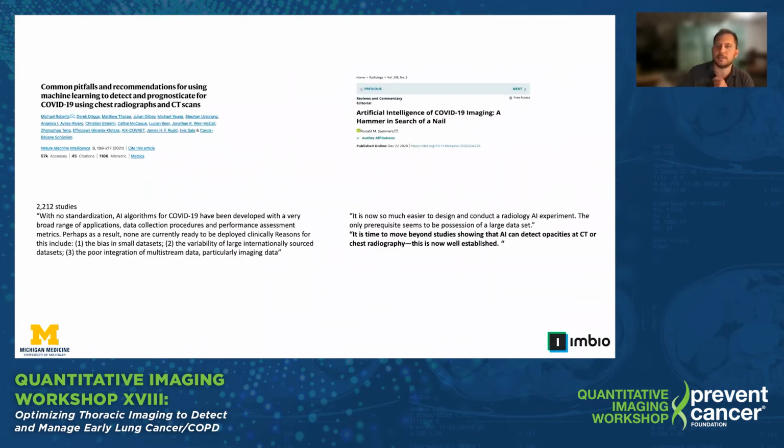This was in contrast to many other studies on the use of imaging for diagnosis and severity assessment of COVID, most of which were published under the guise of AI. A review article in Nature Machine Intelligence looked at 2,212 studies utilizing AI for image-based COVID assessment and found that not a single study in their search produced an algorithm that was ready for clinical deployment.